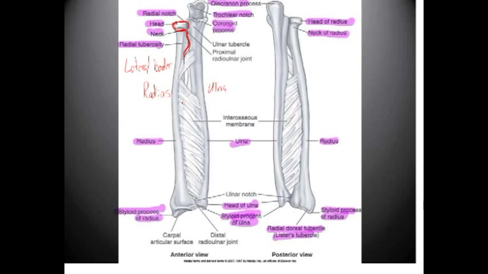As we continue down the shaft of the radius, we get to the end, and we have a radial styloid process, or styloid process of the radius, right here. If we then begin looking at the ulna, we'll see that we have an olecranon process, which is this elevated area here. Then we have a coronoid process, right here.